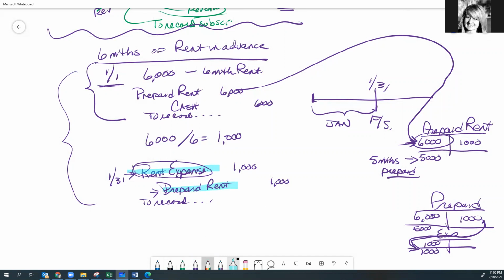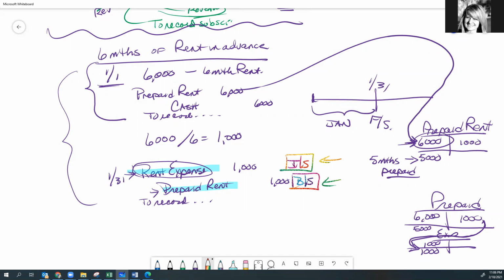So our rent expense is on our income statement, and we made our expenses go up, and our prepaid rent is an asset that appears on our balance sheet, and we made it go down. So once again, it affected at least one income statement and one balance sheet account, and that will be the case for every adjusting journal entry that you do. You better be affecting one income statement and one balance sheet account.